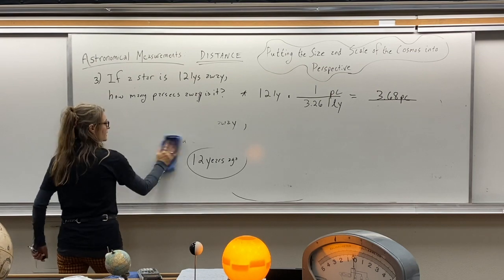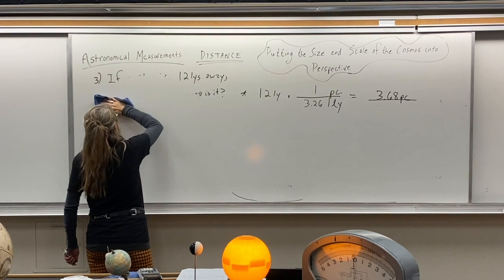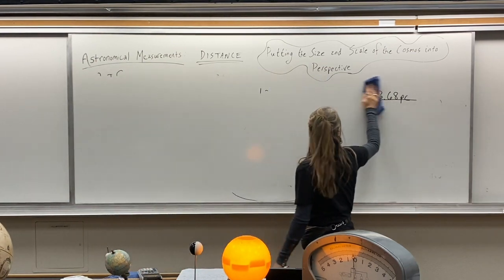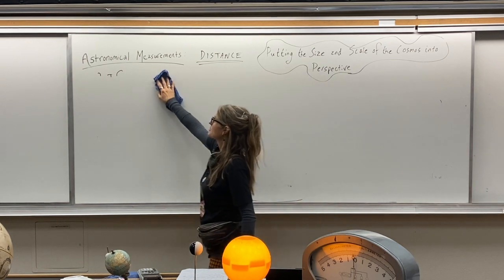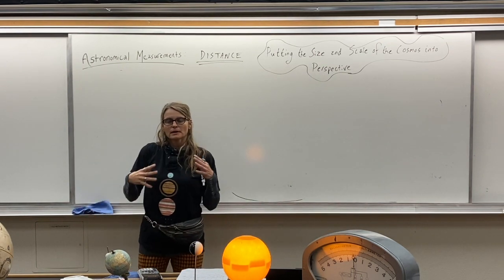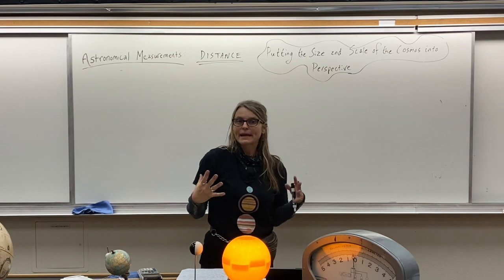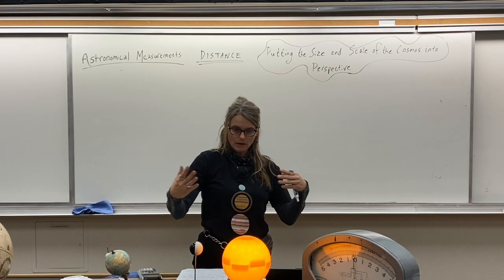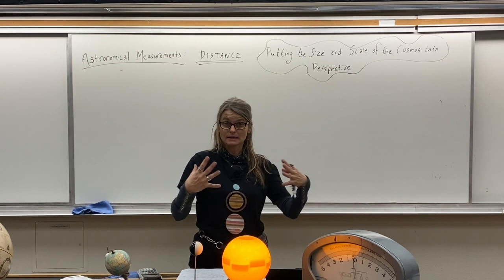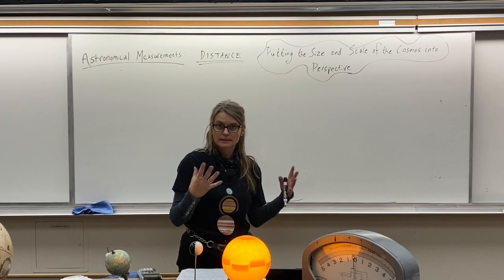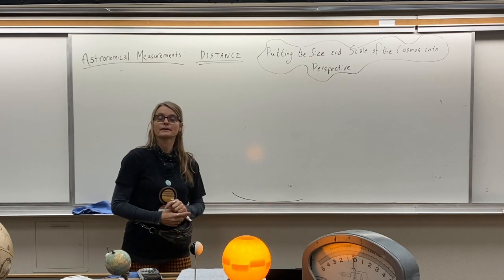One of these other exercises you want to practice and think about is how light is traveling through space and time, and how long it takes for signals and light to reach different objects in the solar system and further beyond in our galaxy.